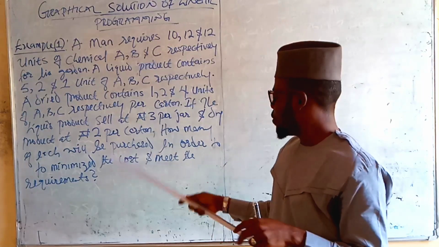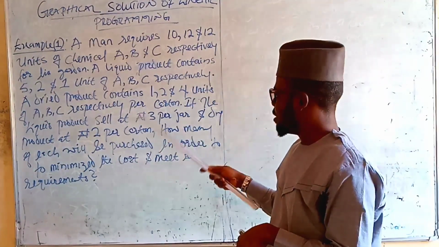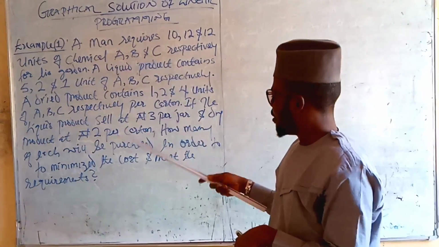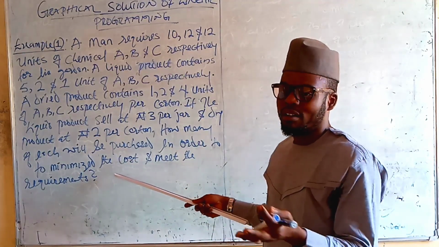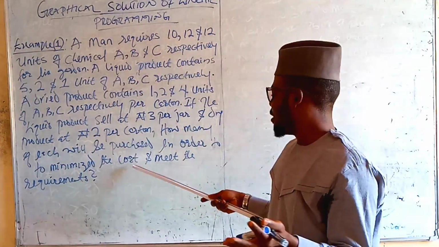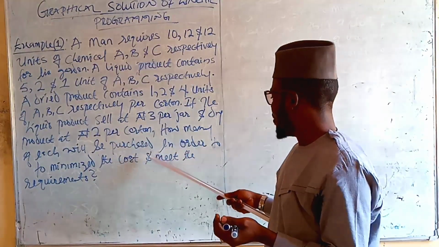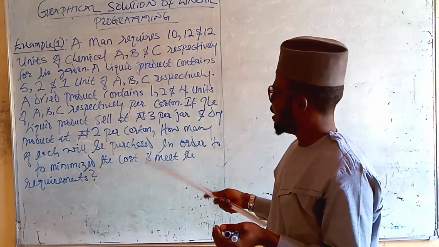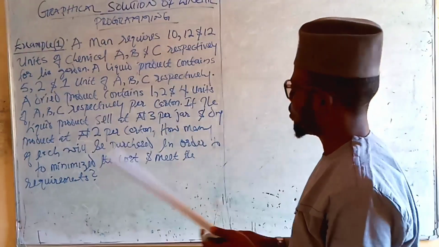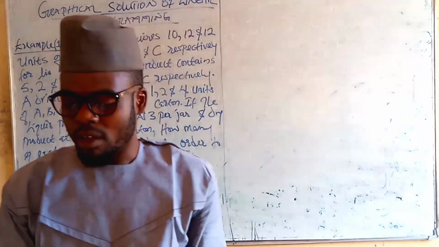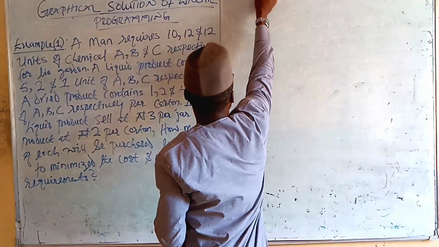In this problem we are going to minimize the cost, and after we minimize the cost, definitely the requirement is going to be met at the end of the problem. So now we are going to start solving this problem by following our rules. We are going to write the solution.